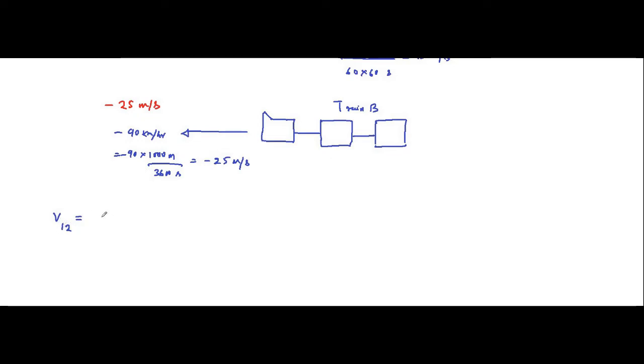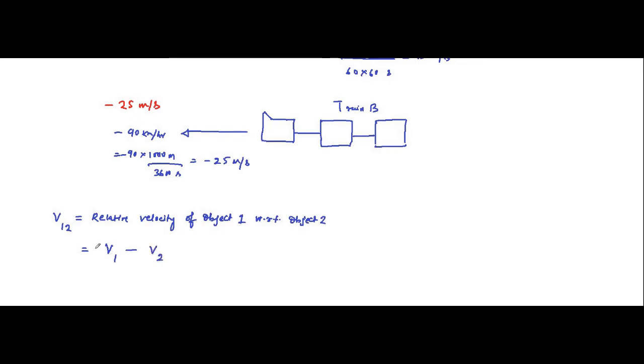V subscript 1 2 is relative velocity of object 1 with respect to object 2, and mathematically it is expressed as V1 minus V2.